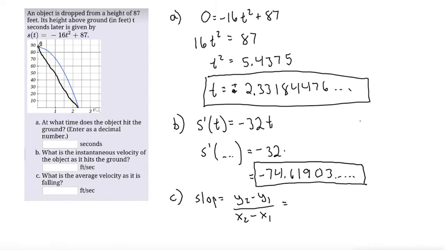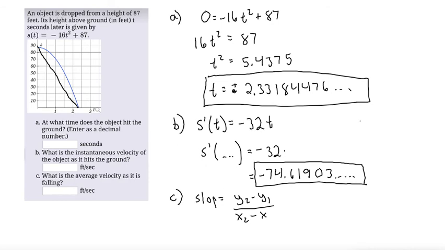Because we know that the object is dropped at this original point, the initial velocity here would be 0. And the velocity here we found to be negative 74.619 and continuing. So to find the average velocity, we can just average those two numbers.